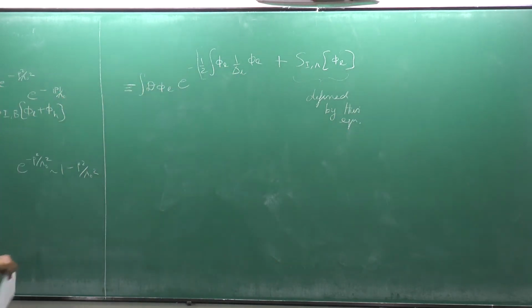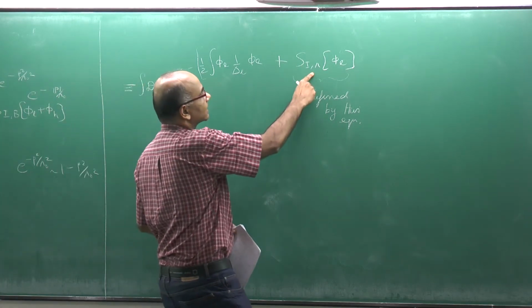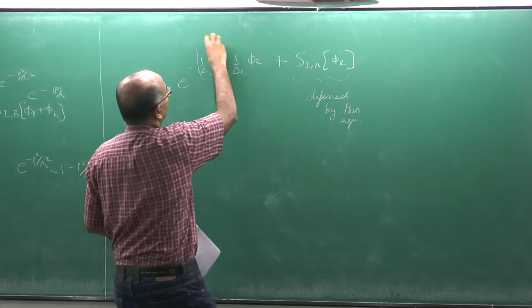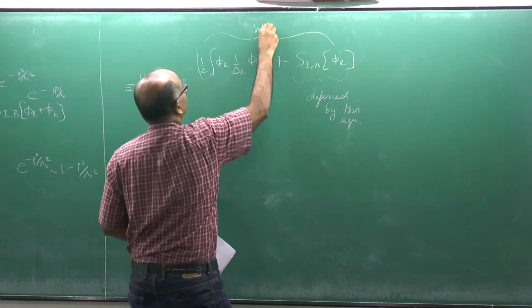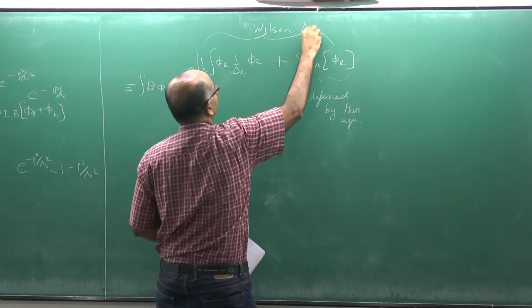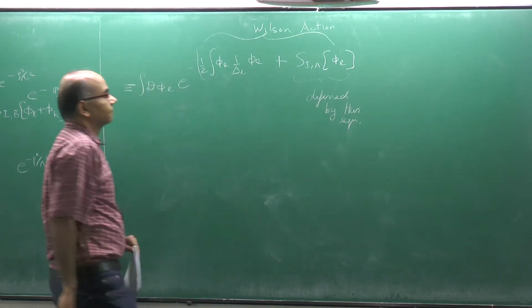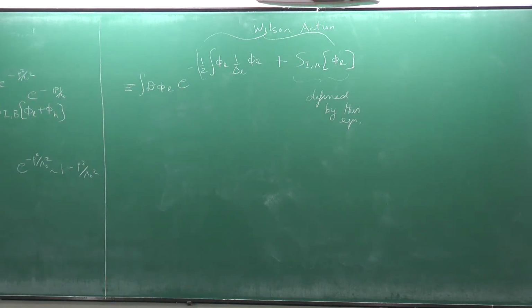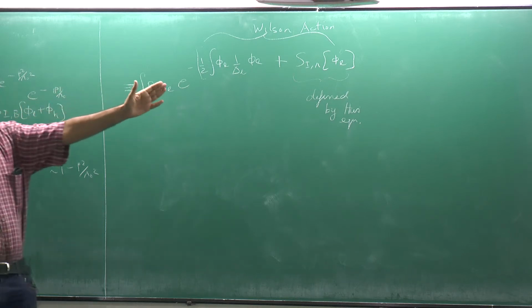Whatever you get after doing that integral, which is going to be a function of only phi L, is called the interacting part of the Wilson action, and this whole thing is called the Wilson action. As I said, because we've integrated over only high energy modes, there is never any propagator which is singular at p equals 0. So this object is completely finite.